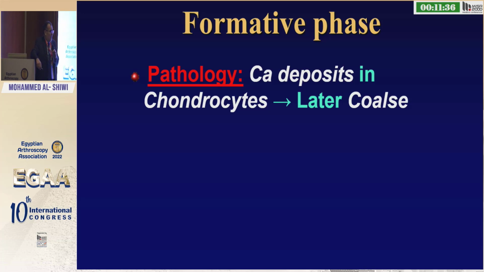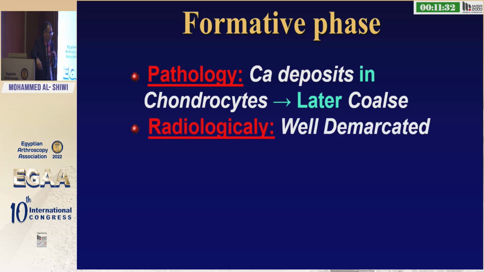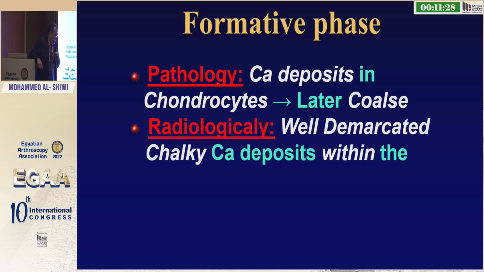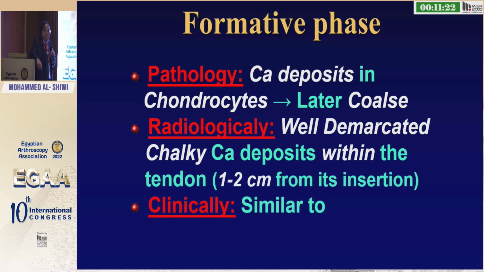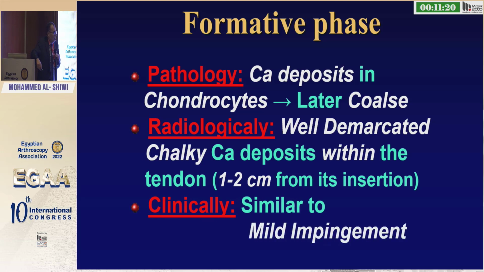In the formative phase, there are calcium deposits within the chondrocytes that later coalesce to form the calcium deposits. Radiologically, it's a well-demarcated chalky calcium deposit within the tendon, 1 to 2 centimeters from the insertion. Clinically, it's similar to mild impingement, very mild symptoms.